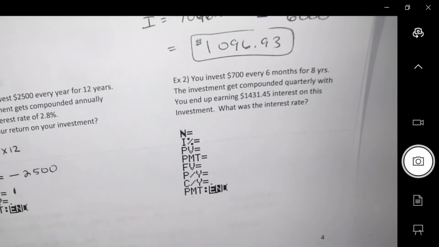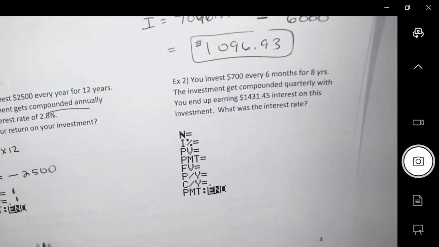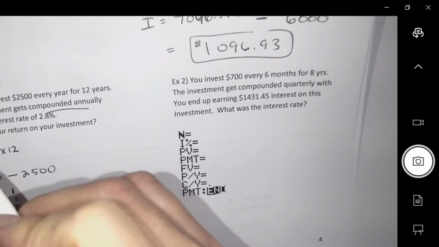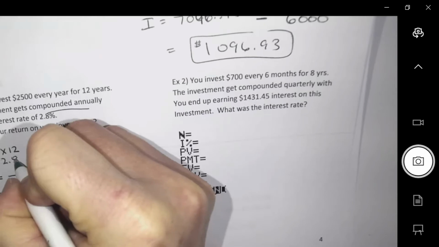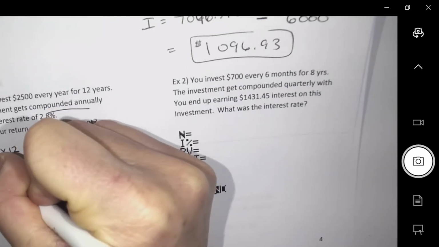The investment gets compounded annually. Okay, compound per year is 1. 2.8%. Okay, what's the return on your investment? So I'm going to start with $0.